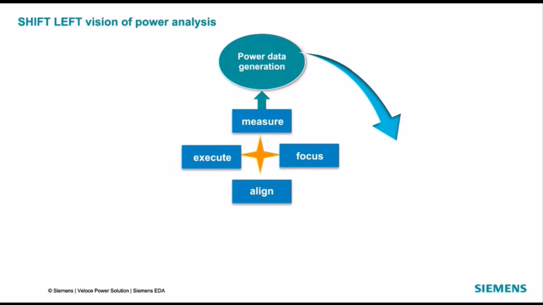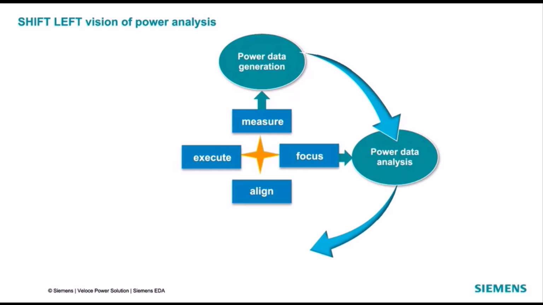The next step is analyzing this data. This is where our power profile plot and key metrics come into the picture. Key metrics like clock gating efficiency and flip-flop efficiency, power profile for IPs, and hotspot contribution for different blocks in the design are now available from Veloce directly without the need to go to any power tool.